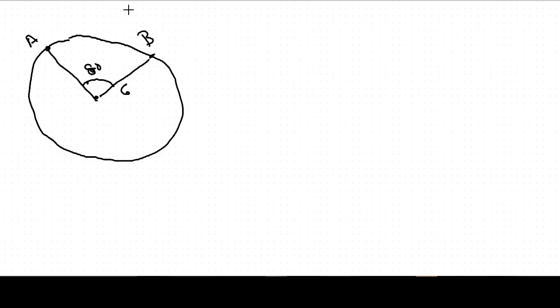Find both the measure of the arc, the sector area, and the chord length.